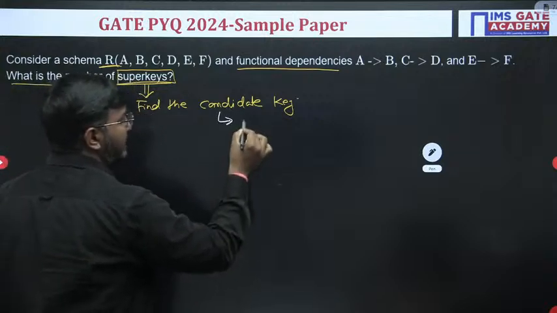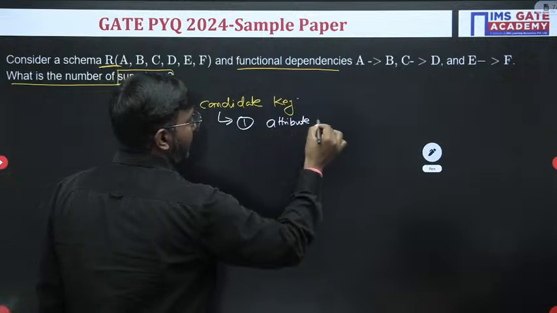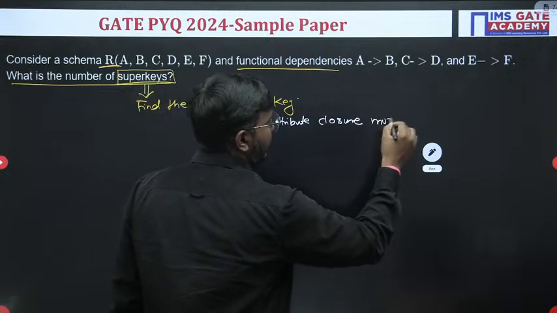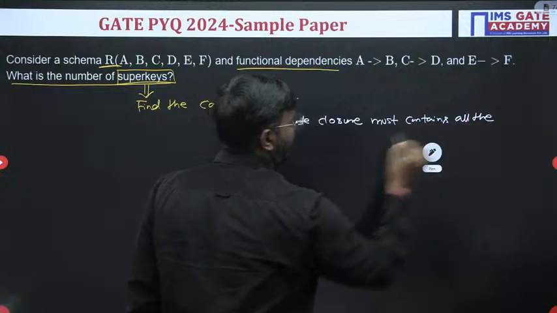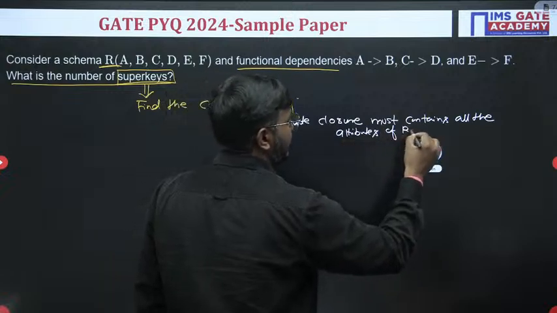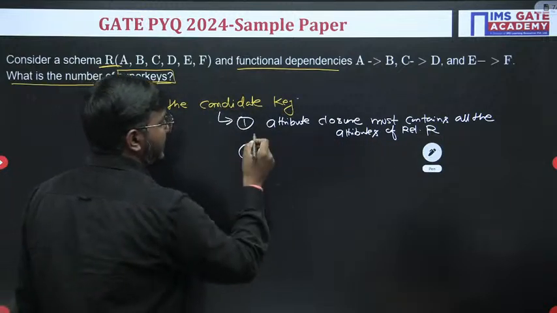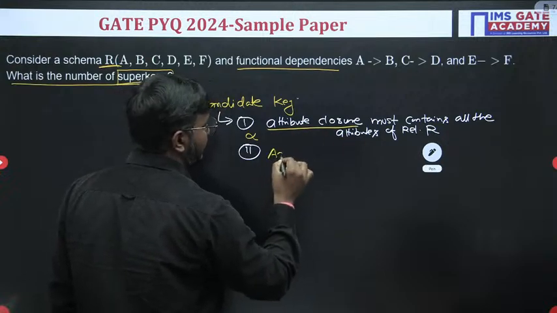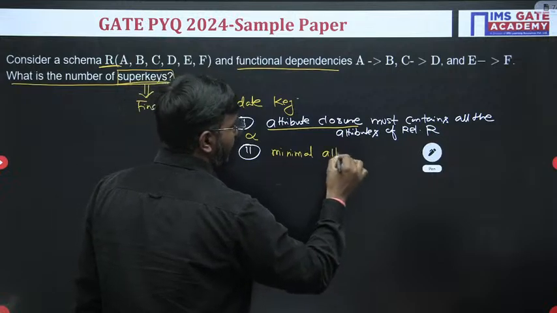The first property says the attribute closure must contain all the attributes of the given relation. The second says, along with the first, that the attribute set must be a minimal attribute set.